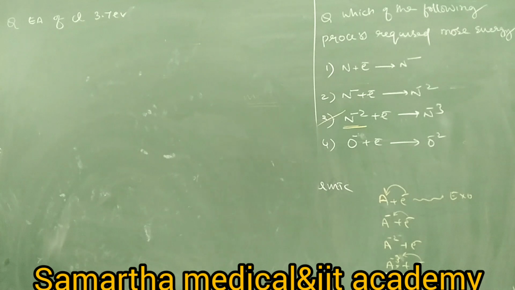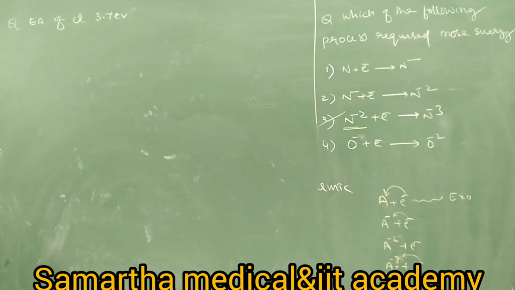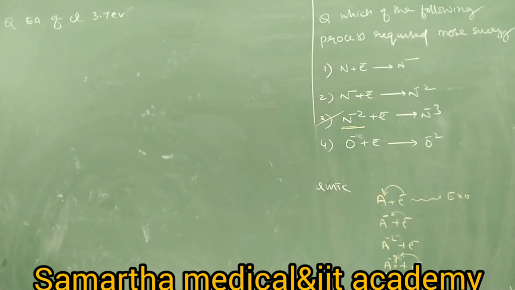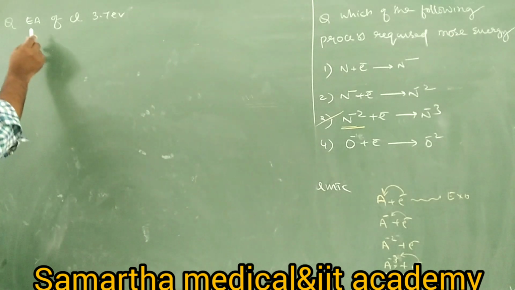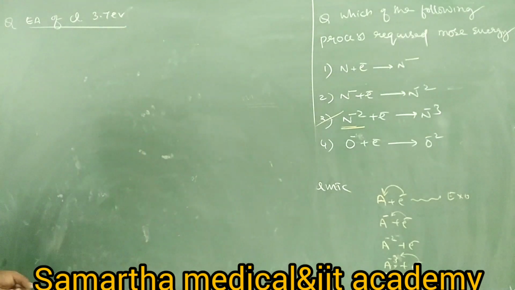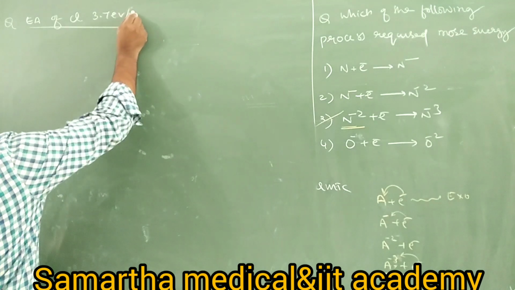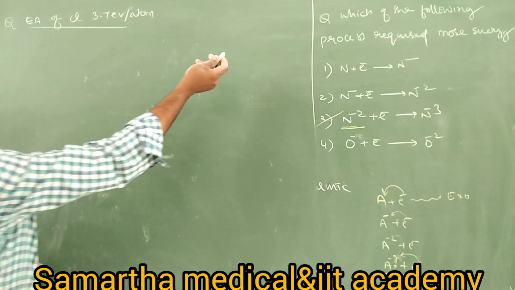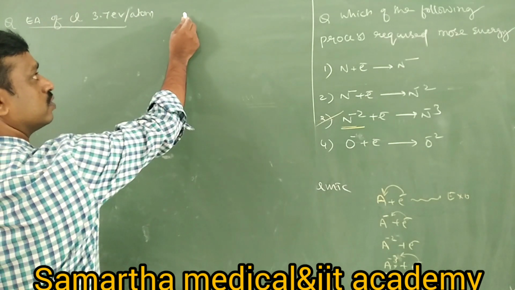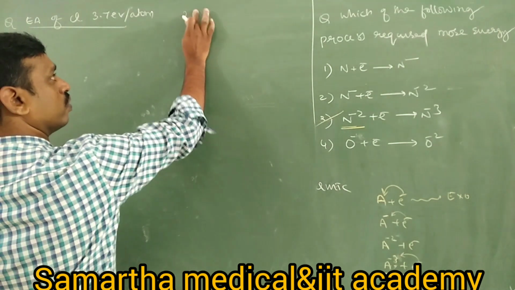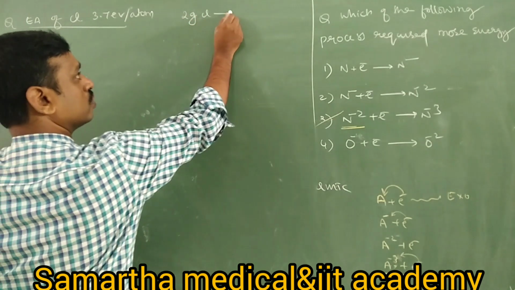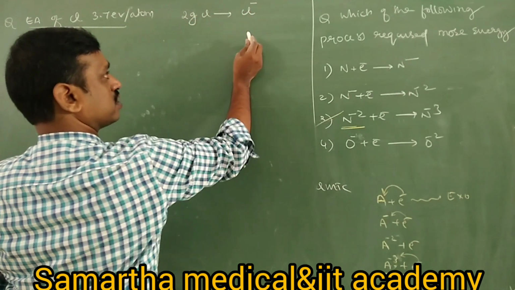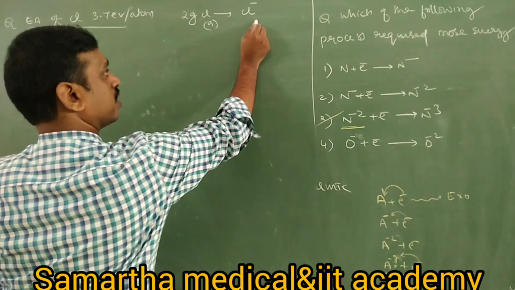Okay, so this question is similar to the ionization enthalpy question, right? Come on, tell me. In the question it is given that the electron affinity of chlorine is equal to 3.7 electron volt. Electron volt is always per atom, but what is the question? How much energy is released when 2 grams of chlorine converts to Cl minus, in gaseous state.